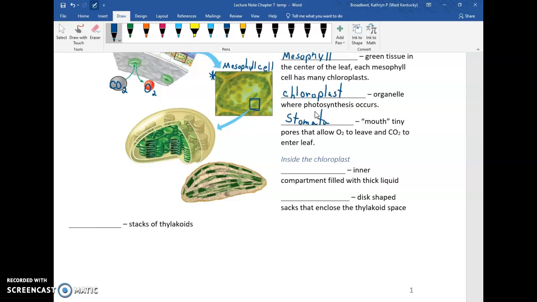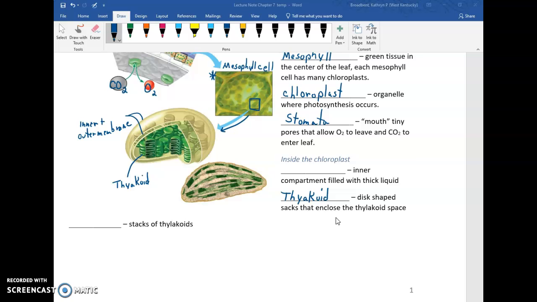So if we look inside our chloroplast at this kind of cartoonish diagram, we have the structures inside the chloroplast. The chloroplast has an inner and an outer membrane. There we have the outer membrane, and then the inner membrane is the second one. Inside the inner membrane, we have a thylakoid. The thylakoids are a disc-shaped sac that encloses a thylakoid space.